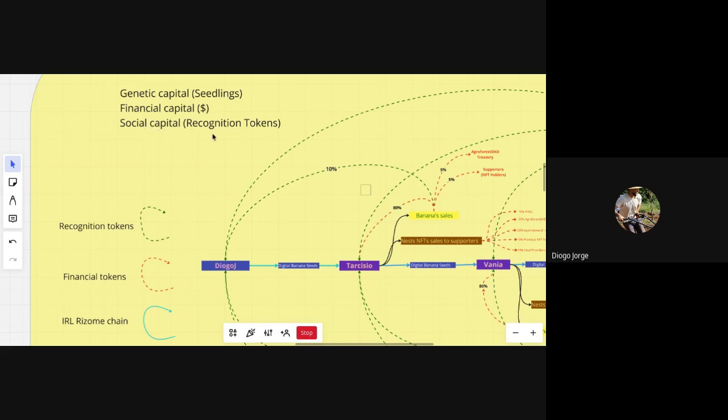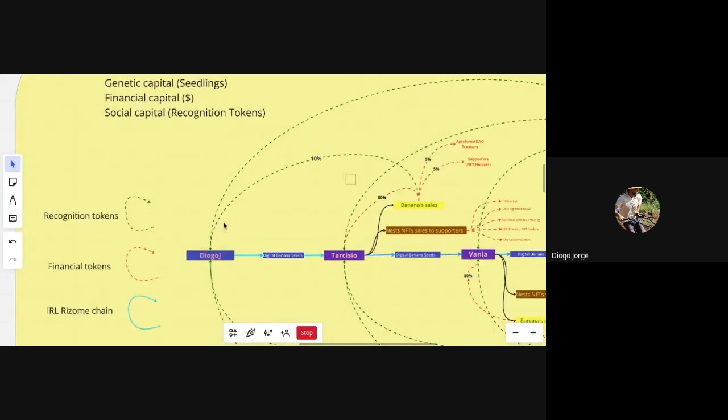So the more you contribute, the more tokens you get. So for example, the bananas that we created, these NFTs, they were planted at Tarcísio's place at our pilot Redemption Hill.